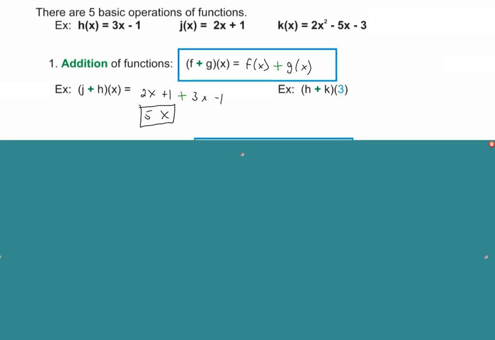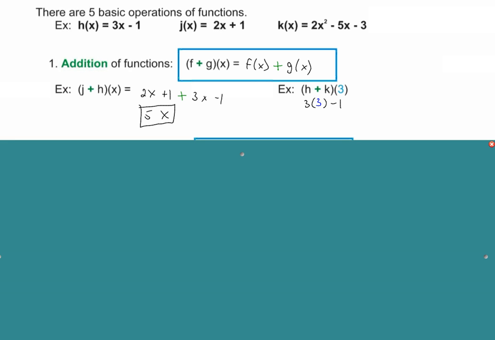Now notice the difference in the second example here to the right. We want to add the h and the k, but now we want to add when the input is 3. So watch what I'm going to do on this one. I'm doing it underneath for space's sake. I'm going to take the h function, and everywhere where the variable is, I'm going to put in a parentheses, right? Because we have to input a 3 for the variable.